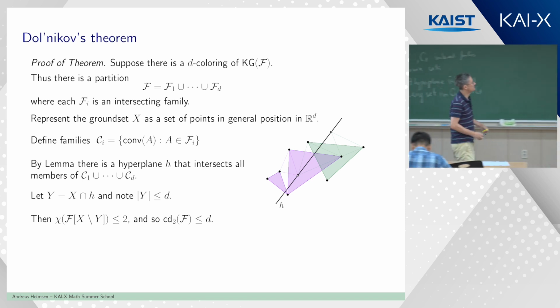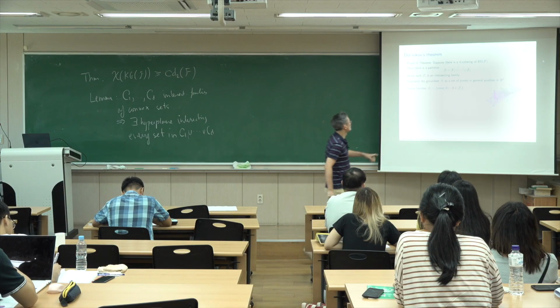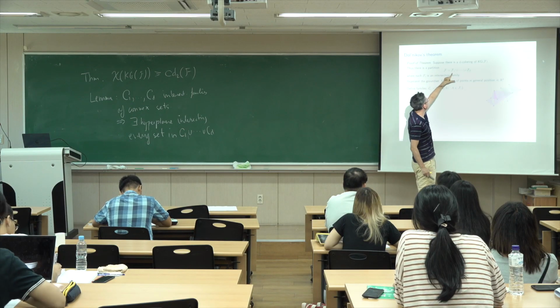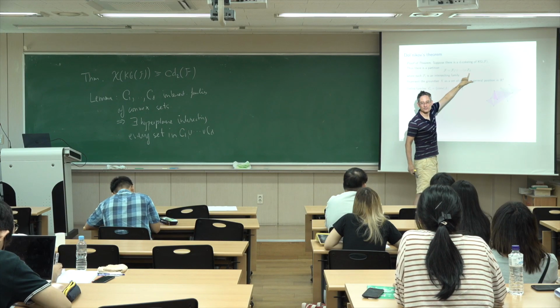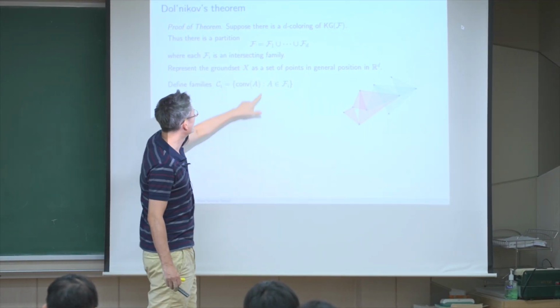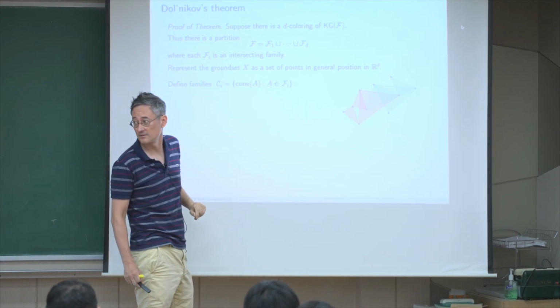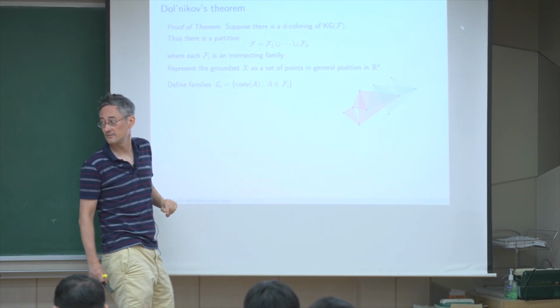Now I'm going to define the following families of convex sets. So remember, the coloring gave me a partition of the set system. Now look at one of these, Fi, and look at all the sets that are there. Now you just take the convex hull.